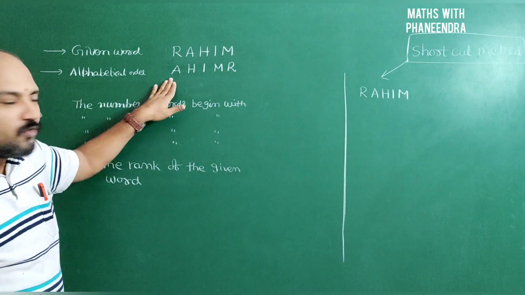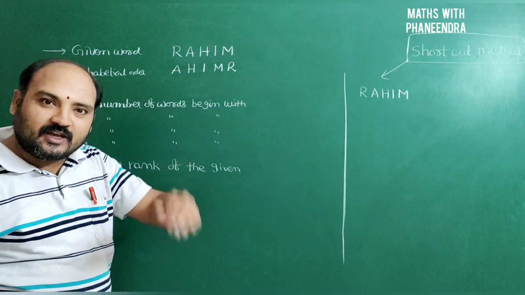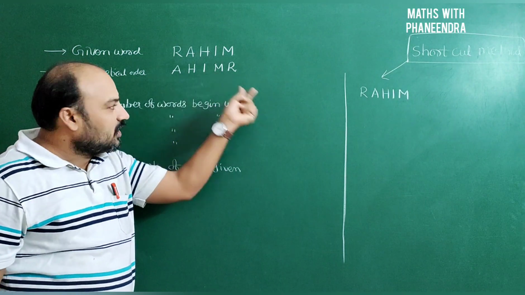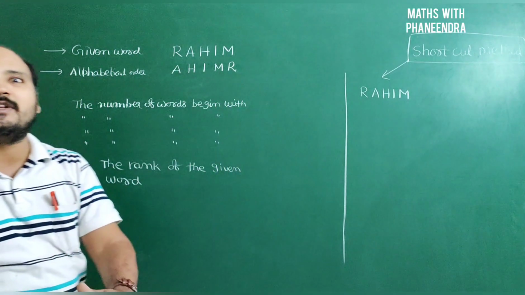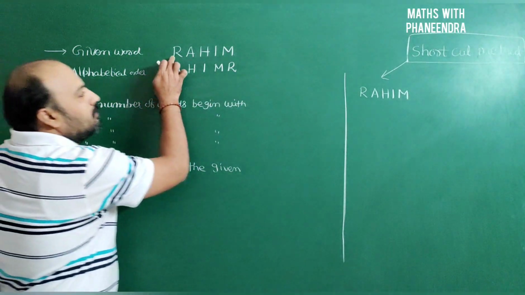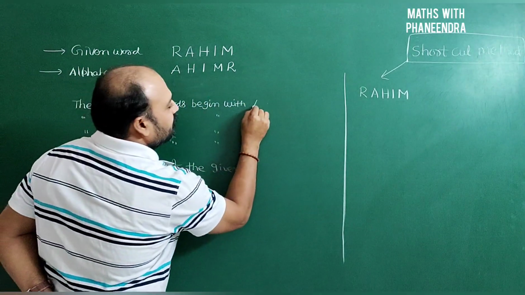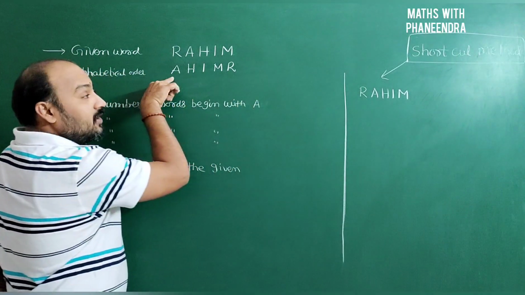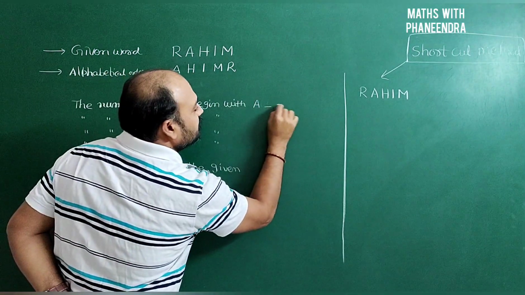So, the number of words which begin with A, the number of words which begin with H, the number of words which begin with I, the number of words which begin with M, you have to write it. These 4 steps first you have to complete. The number of words which begin with A: what are the rest of the terms? 4 letters there.